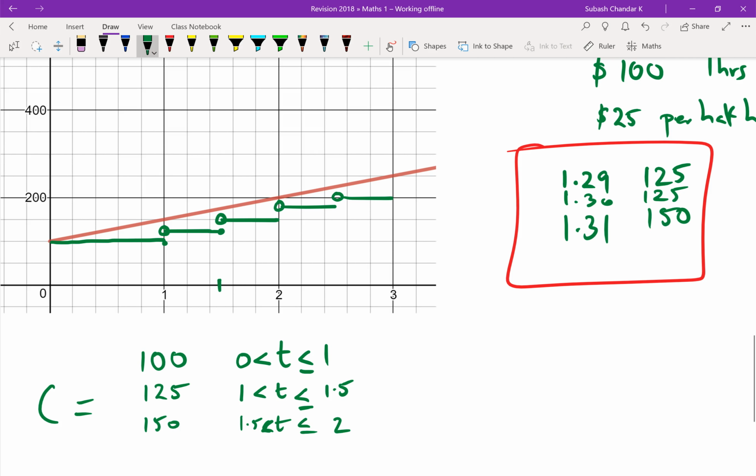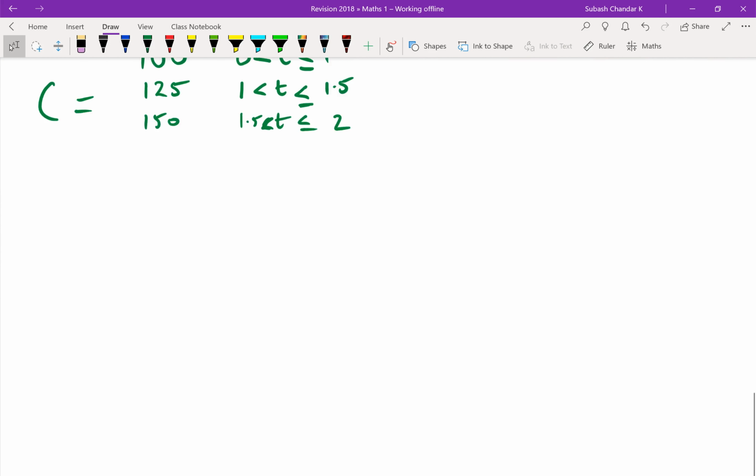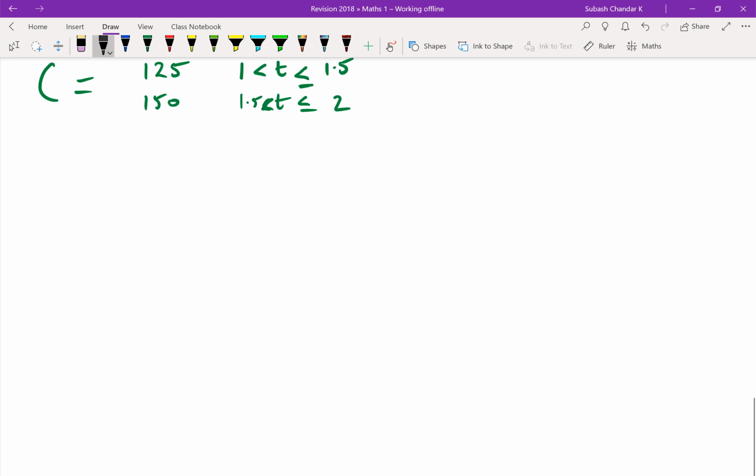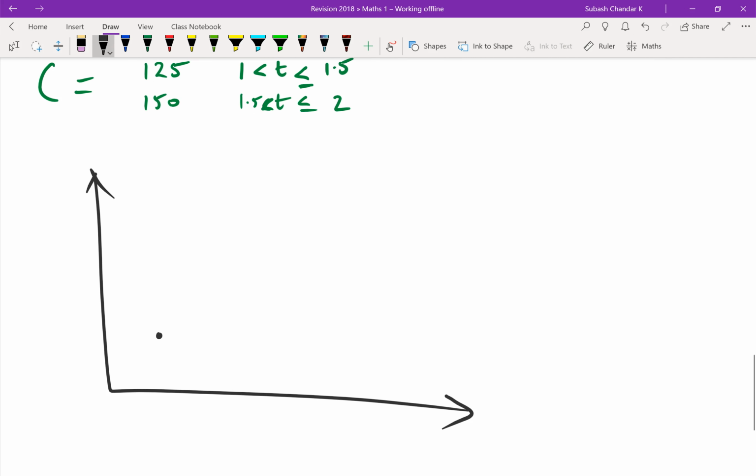Okay, next thing I want to do is this. Let me just see. Let's say this is number of ice cream sold versus what can we do?